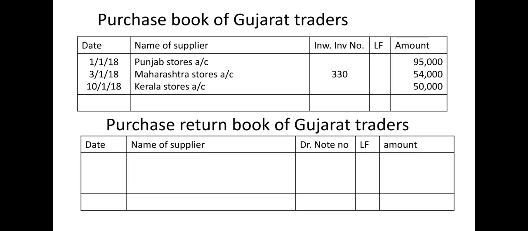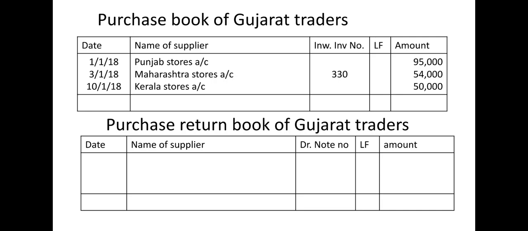Now student, a very important transaction. The next transaction is very important because it is of purchase return. Yes, the next transaction is of purchase return. So this is new for us. Let's read it. Student, date is 17th January. Let's read: 1/3 goods is returned to Maharashtra stores.